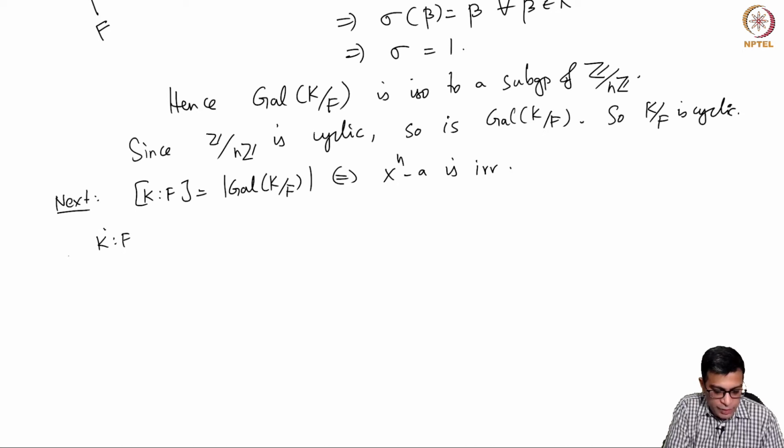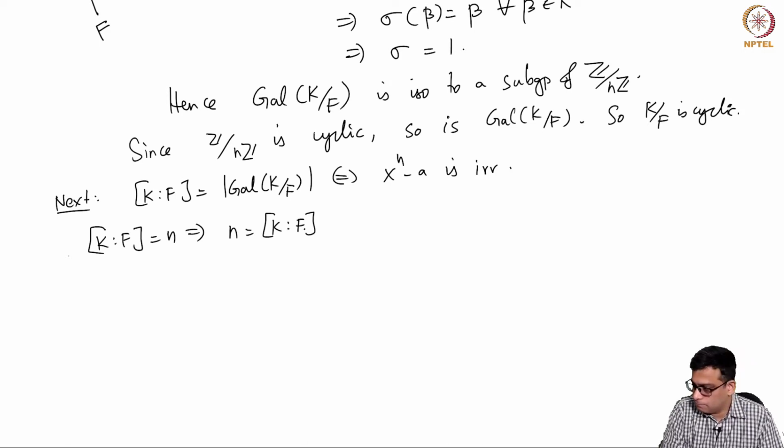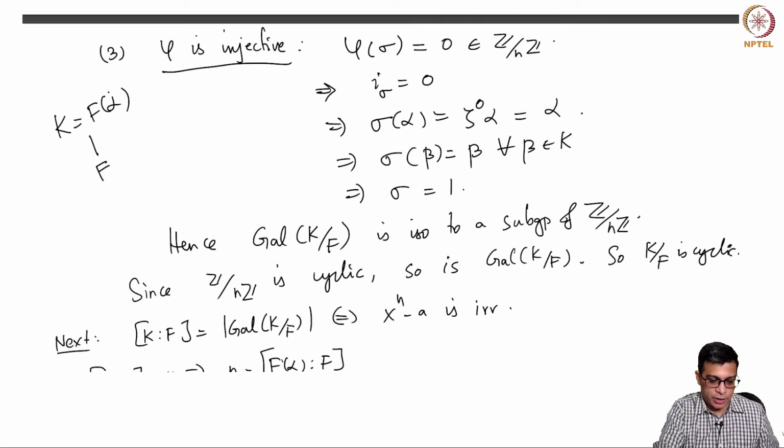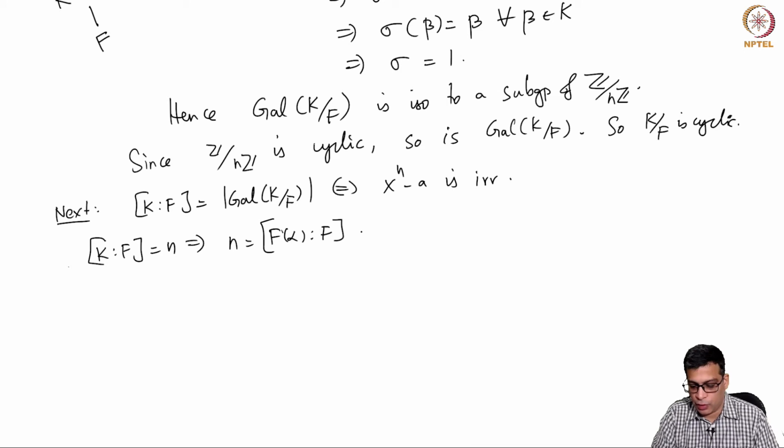So, [K:F] equals n implies, because K is F(alpha), right. So, [K:F] is n means [F(alpha):F] is n.